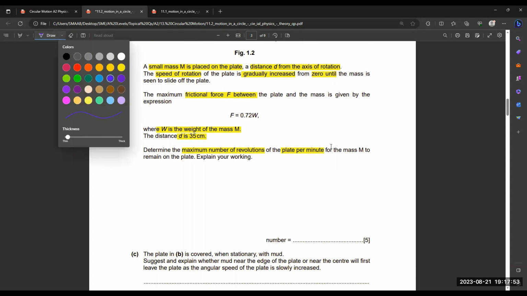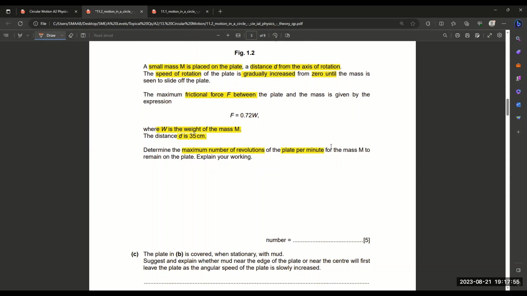So what we discussed is that your friction force provides you the centripetal force, right? So both are equal.